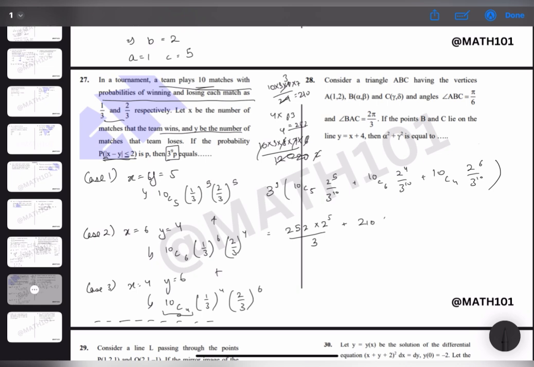210 into 2 to the power of 4 by 3. 10 to 10 to 2 to the power of 6 by 3.